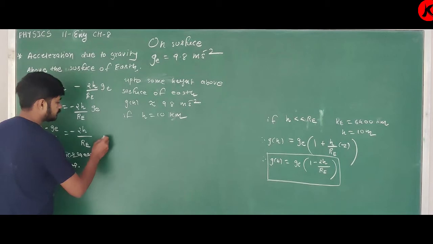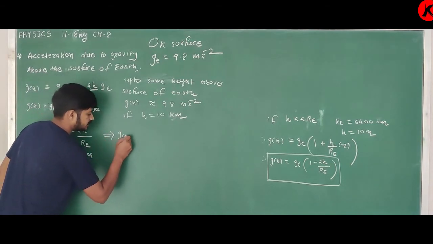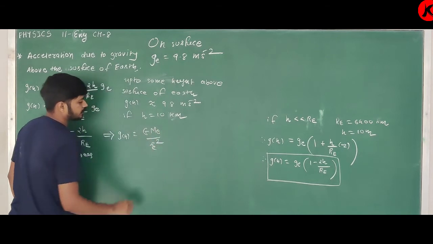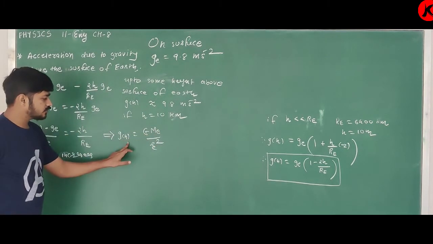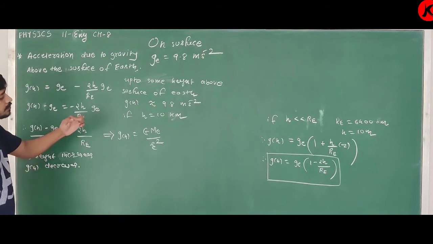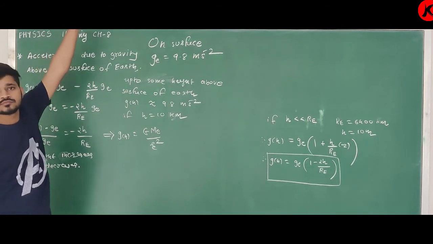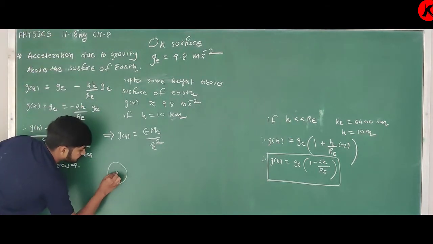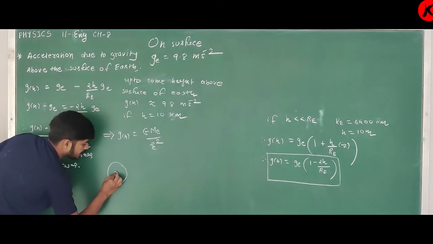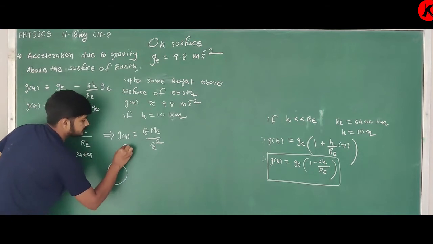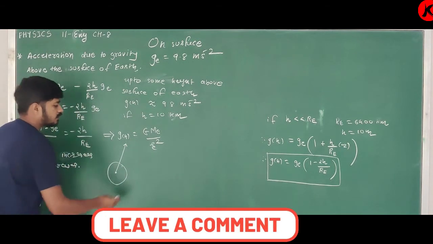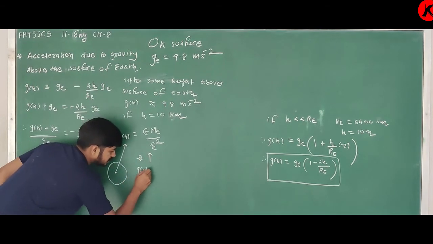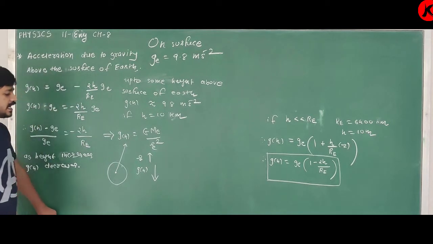Also, one point. First step, remember, g_h is equal to G M_e upon R square. Here G is constant, M_e is constant. As we are moving above the surface, away from the center of Earth, obviously R increases, and if R increases, g_h decreases.